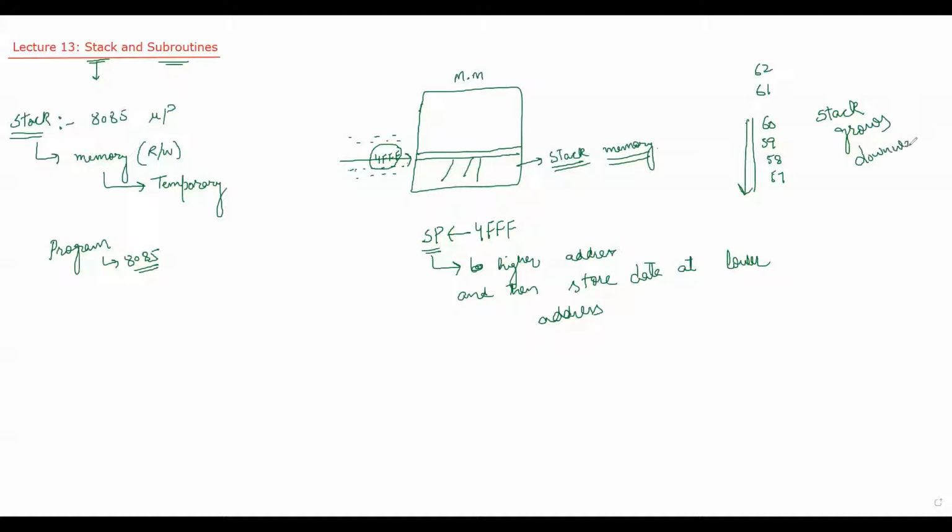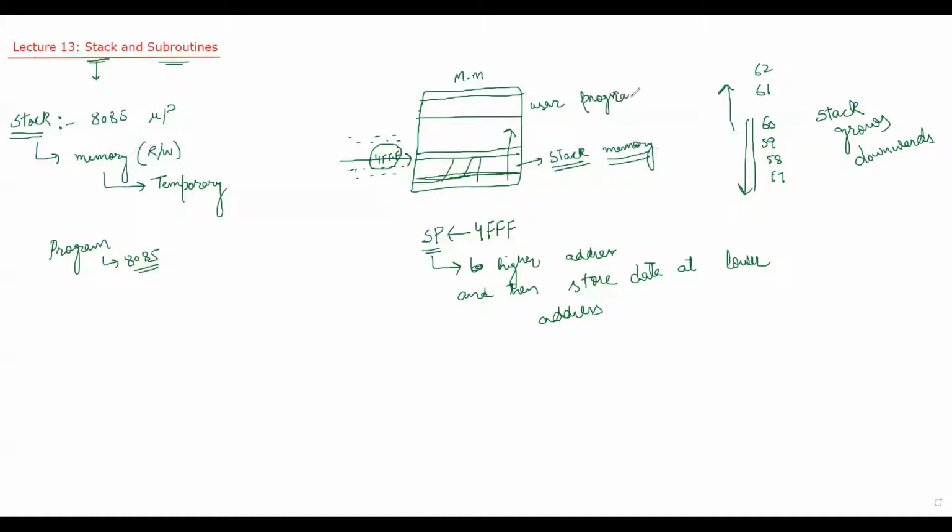Now somebody will ask, why are we storing the stack at the lower memory addresses? Why not allow it to grow upwards? The reason is, let's suppose I am initializing my stack pointer here, and then I say that my stack will grow upwards. Let's suppose I have a user program stored in memory up there.